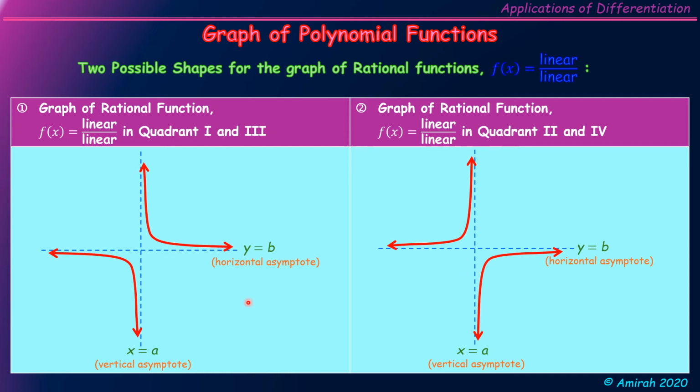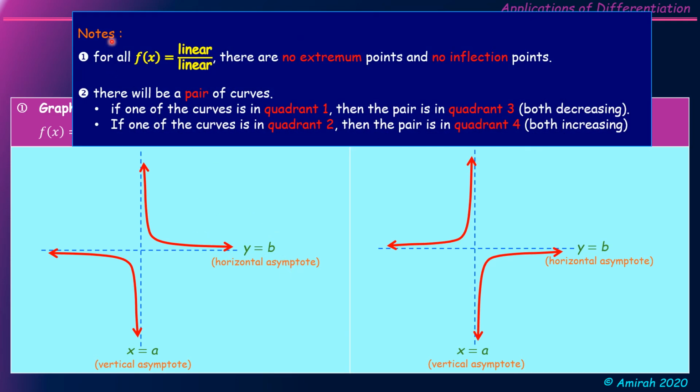The dotted line x equals a is a vertical asymptote, and the dotted line y equals b is a horizontal asymptote. Note, for all f(x) equals linear over linear, there are no extremum points and no inflection points.